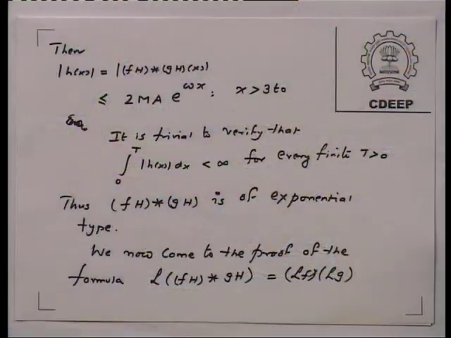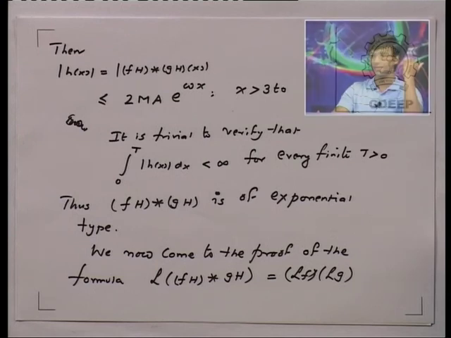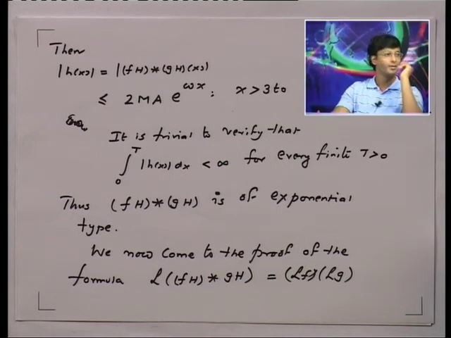Is that clear? Now suppose I take a sequence A0, A1, A2, A3, etc. To this sequence, I associate a power series A0 plus A1z plus A2z squared plus A3z cube, called the generating function. So the sequence and its generating function, that is a kind of transform. If I take the convolution of two sequences, what will it be?